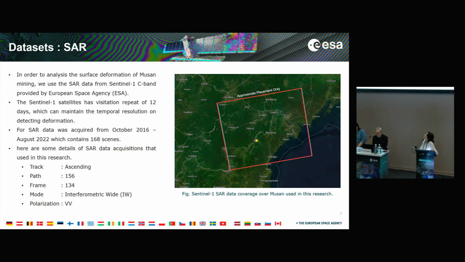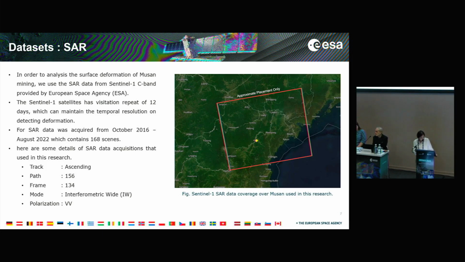This is the second method we suggest in order to analyze the surface deformation of the Musan mine. We use SAR data from Sentinel-1 provided by ESA. The Sentinel satellite has a revisit repeat of 12 days, which can maintain the temporal resolution for detecting deformation.